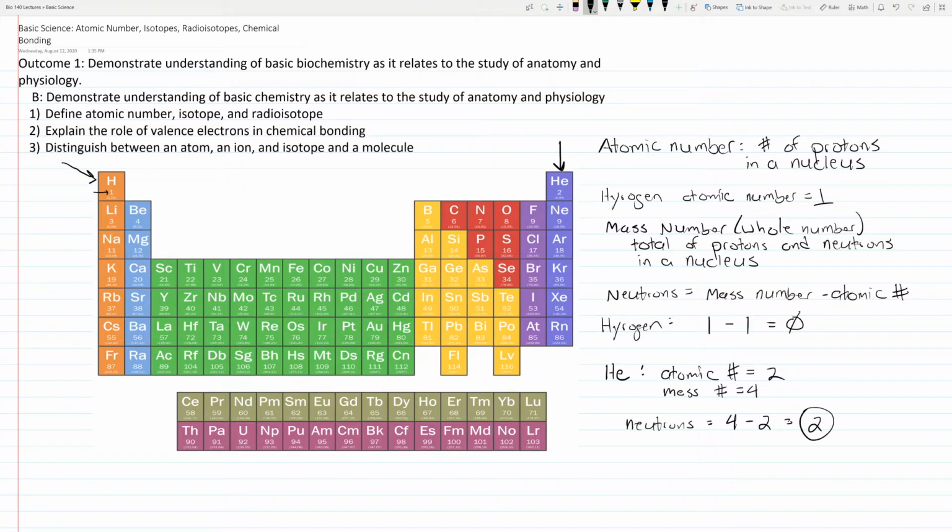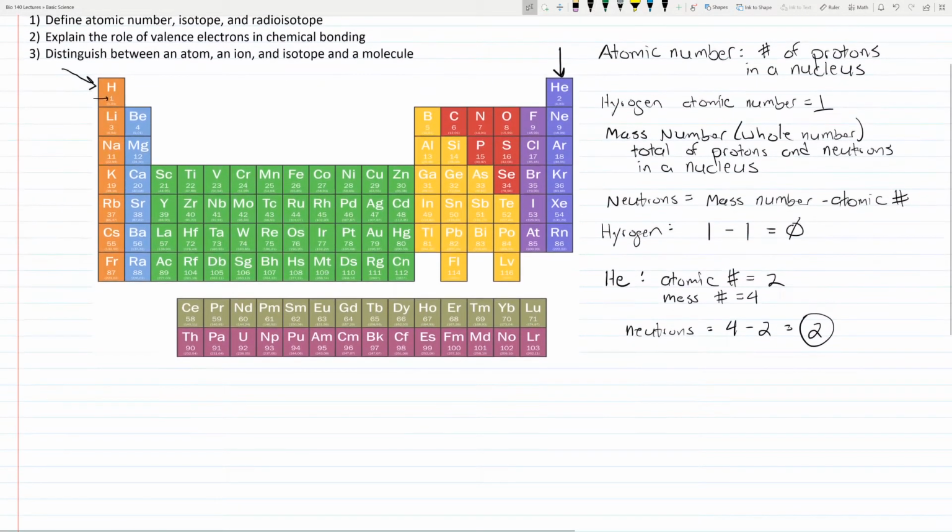Let's look at another one, because the rule of 3 is, if you go through 3 examples, you can figure them all out. Now let's look at oxygen. Oxygen, which is O, has an atomic number of 8 and a mass number of 16.